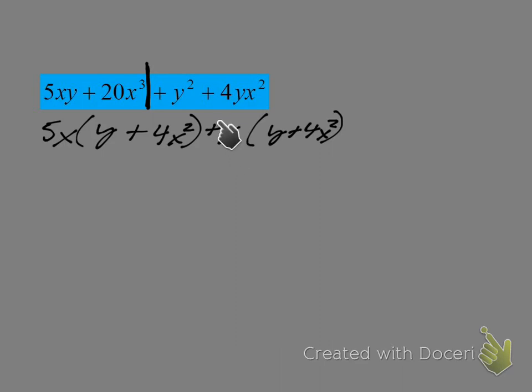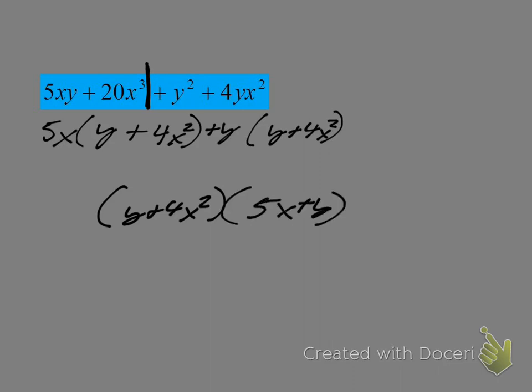Because distribute it back through, right? y times y is y squared. y times 4x squared is 4yx squared. Binomials match. Yay! So we'll write them as 1. And then put your two terms that are in the front together like that.